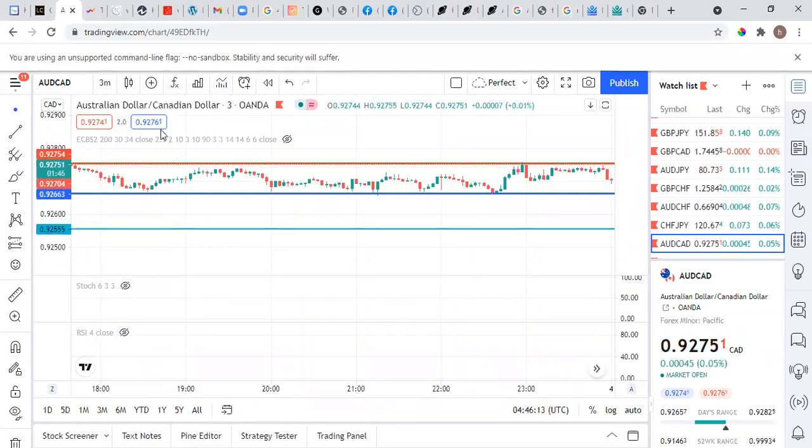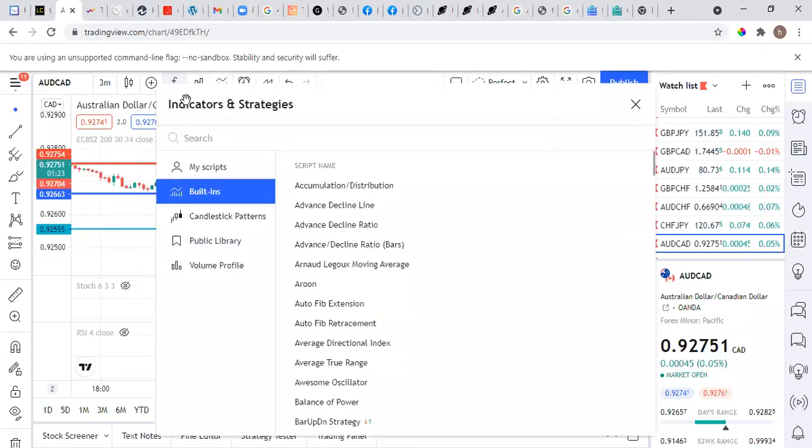So if you want to add your indicator, guys, the videos are there. Go and watch them if you don't know what indicators are and what they are used for. To add an indicator to your Tradingview, just click this FX symbol, indicators or strategies, and search for the indicator you want.